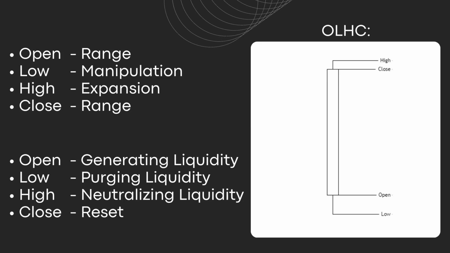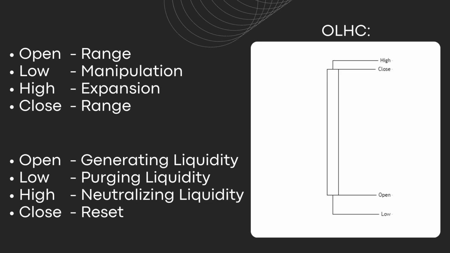Whenever we have a manipulation profile, it first of all purges the liquidity that we generated earlier, and second of all, it rebalances a dealing range or an expansion swing on the higher time frame, right? Whenever you see a manipulation profile and you backtest those things, you're going to see that it always does these two things, so you can note these two things down.